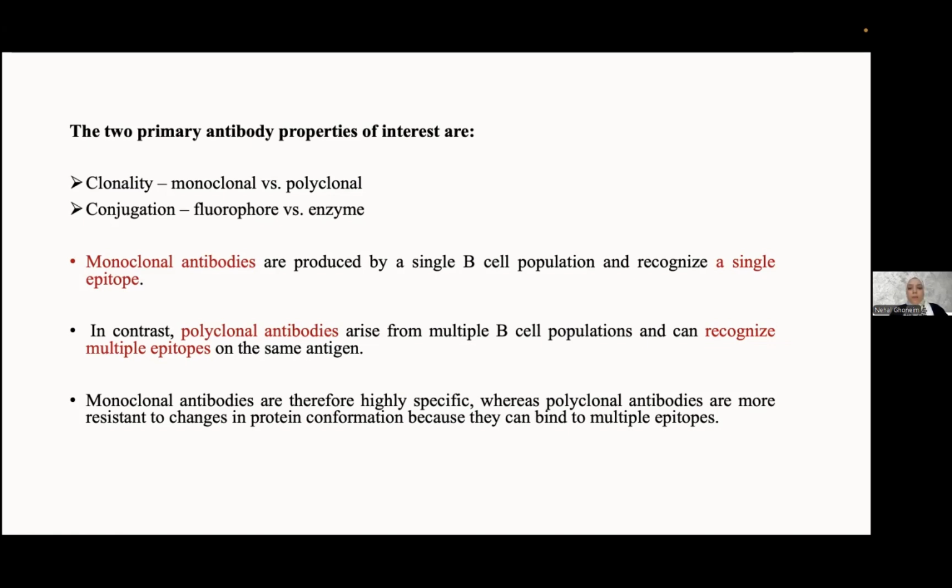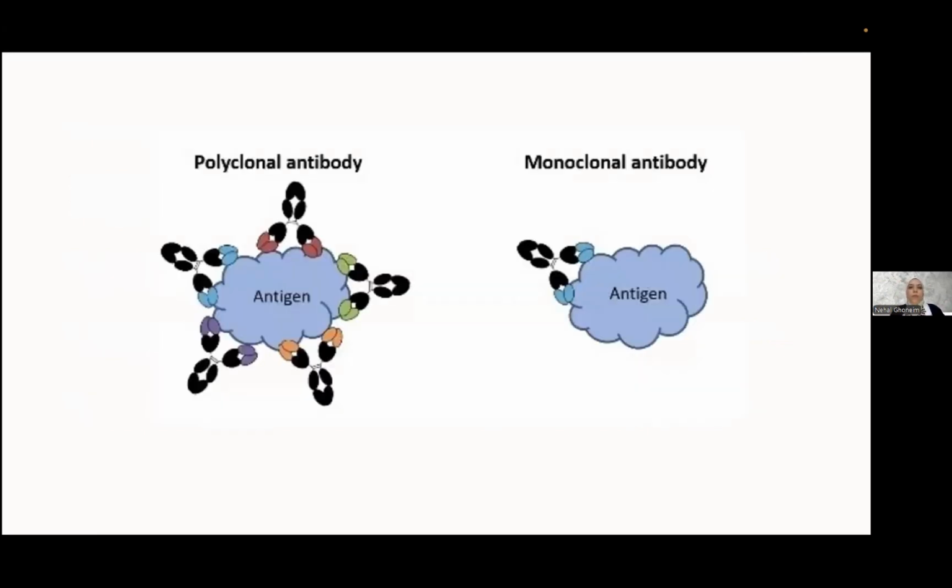Also, the primary antibody can be conjugated, and the conjugated marker in immunofluorescence staining will be our fluorophore, but it can be an enzyme as well, like in immunohistochemistry, for example. As we can see here, a monoclonal antibody binds to a single epitope, and the polyclonal antibody can bind to multiple epitopes of the single antigen.